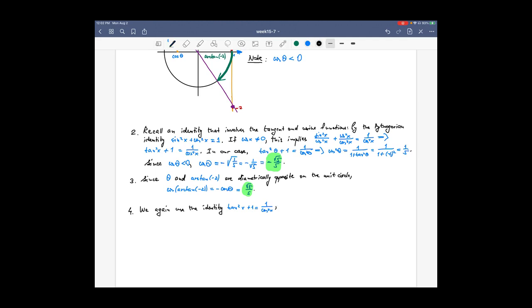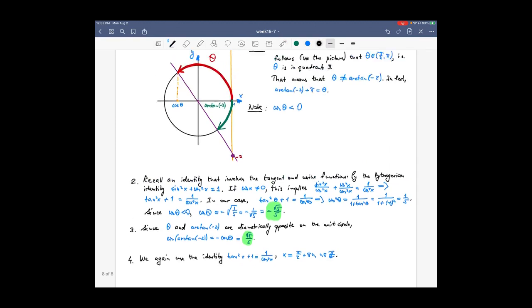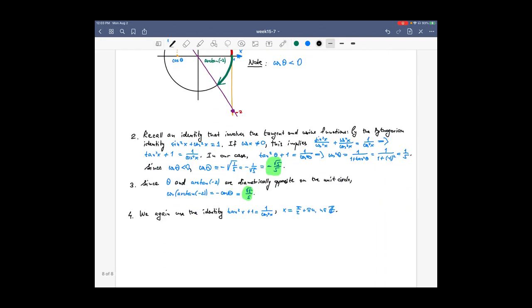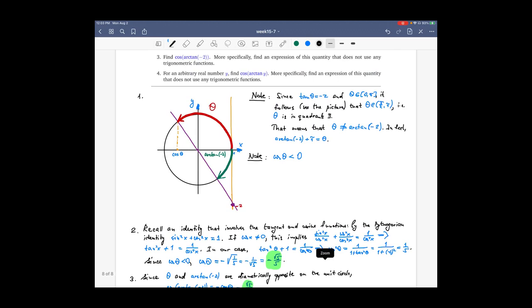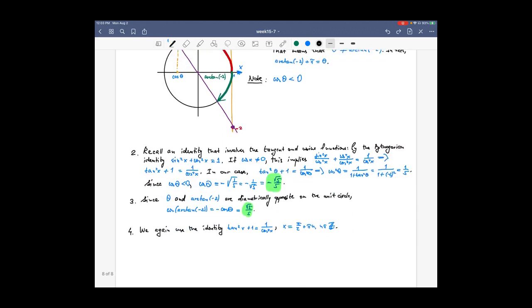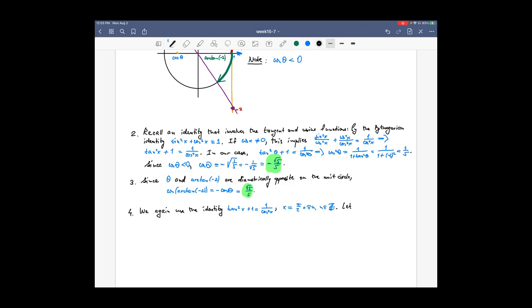This, of course, is only true whenever x is not equal to pi over 2 plus pi n, where n is an integer. For otherwise, cosine turns 0, and cosine is in the denominator. Now, if we, instead of x, write here arctangent y, so let x in this formula be arctangent y.